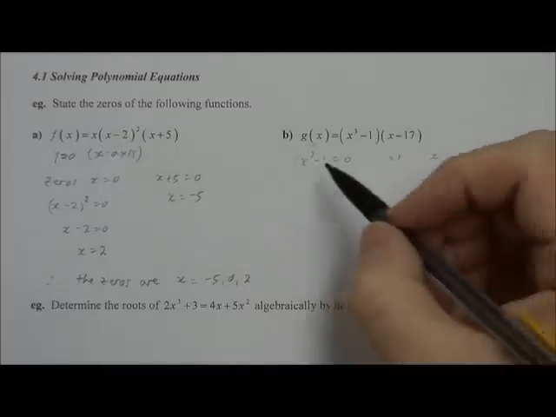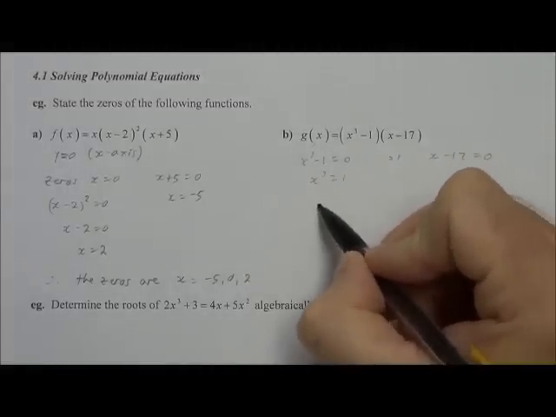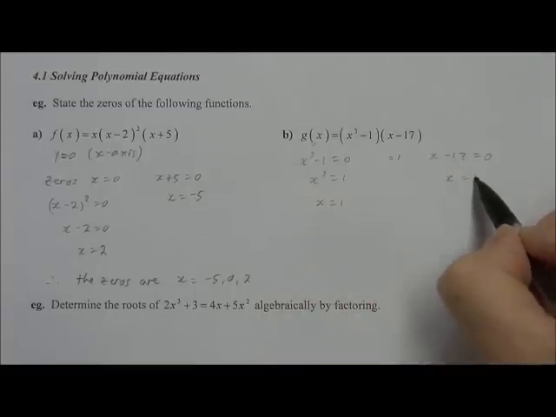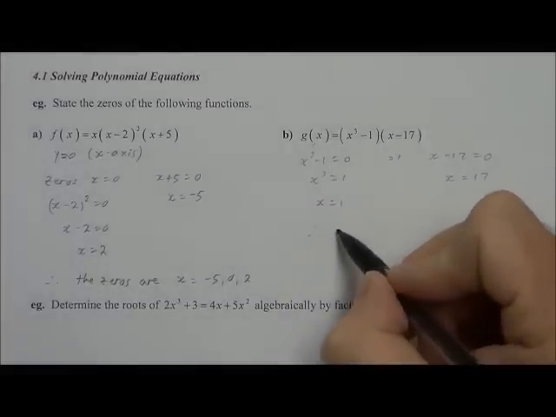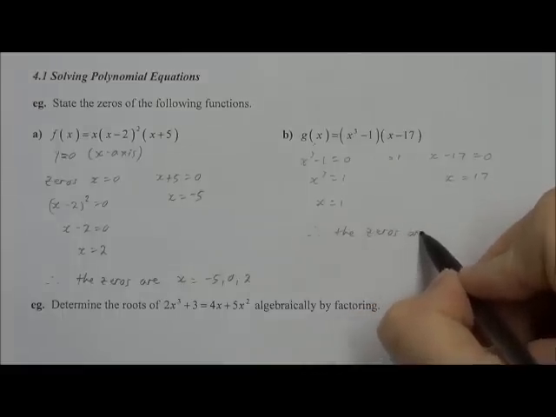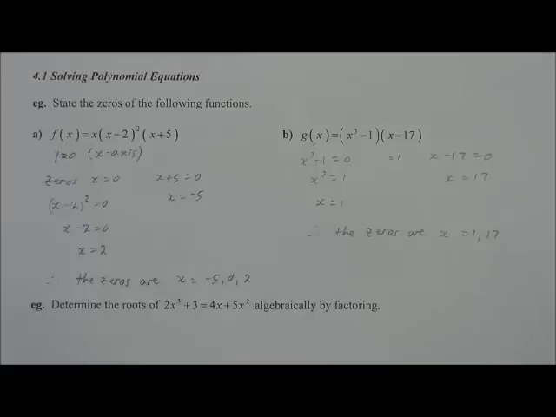So we just have to solve both of these. We get x cubed equals 1, take the cube root of both sides, therefore x equals 1, and over here x equals 17. Therefore the zeros are x equals 1 and 17.